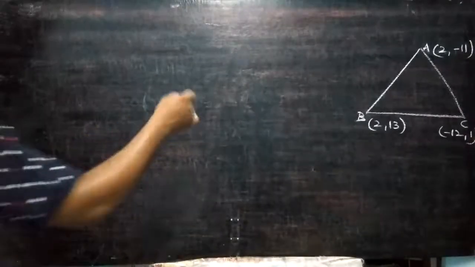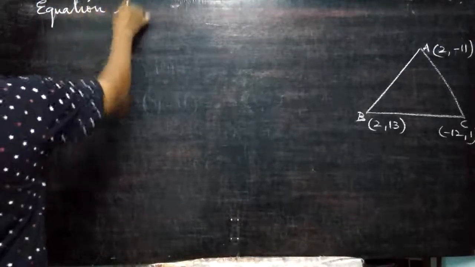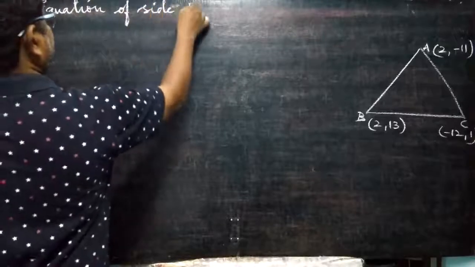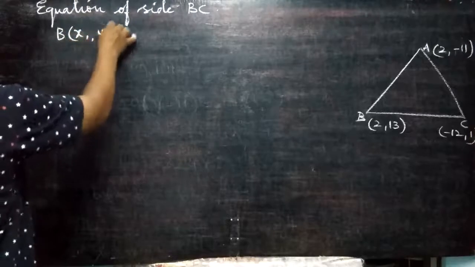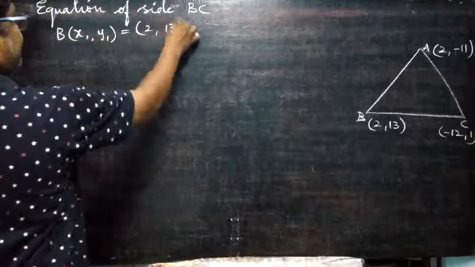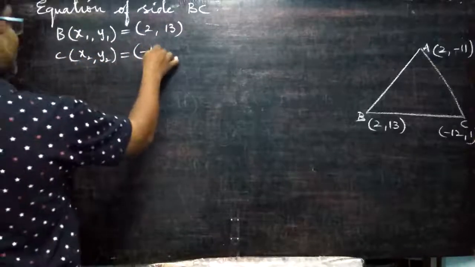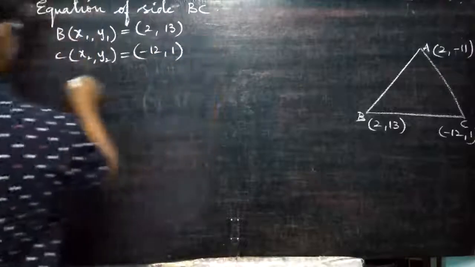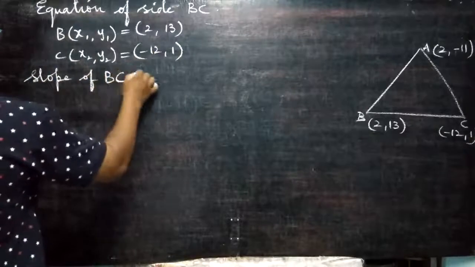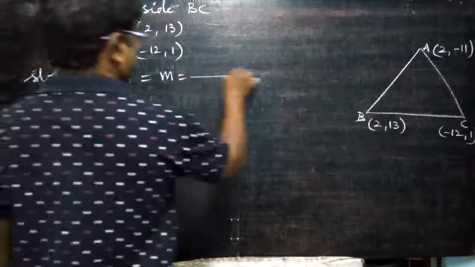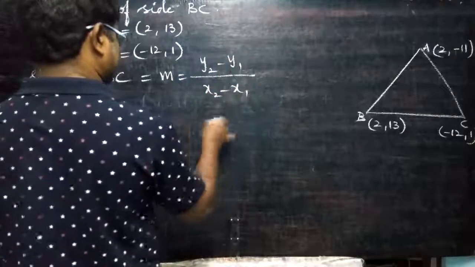Now the second side is BC. So the equation of side BC. 3 sides are there, so 3 times we have to do. Now I am thinking B as x1, y1, that is (2, 13), and C as x2, y2, that is (-12, 1). Now first we have to find the slope of BC. m is equal to (y2 minus y1) by (x2 minus x1).